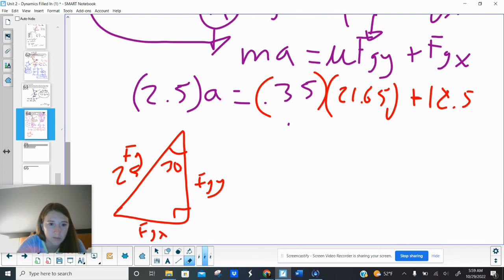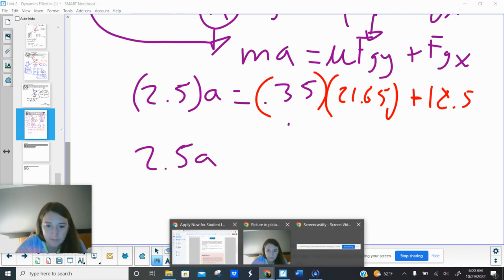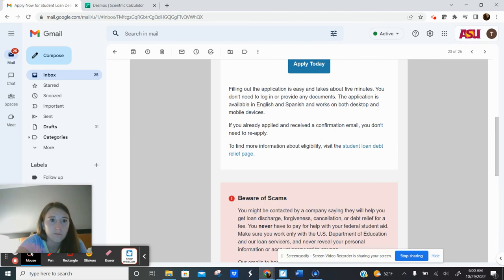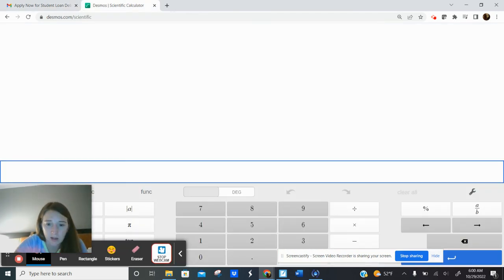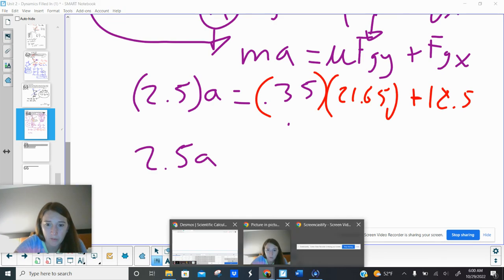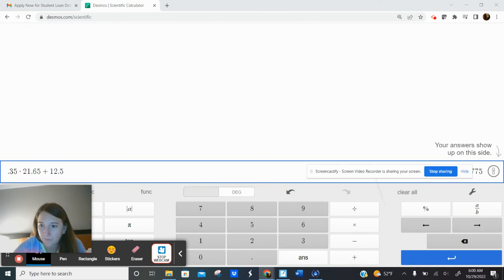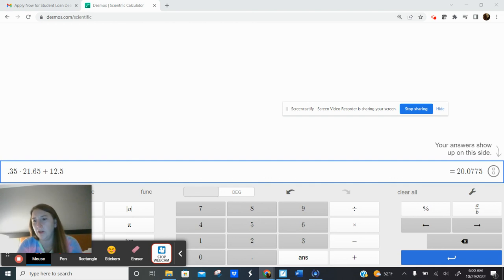So I'll try and do this kind of quickly here. I've got 2.5A. I'm going to pull up Desmos here. 0.35 times 21.65 plus 12.5. 20 point, I'm going to go ahead and just round this off.